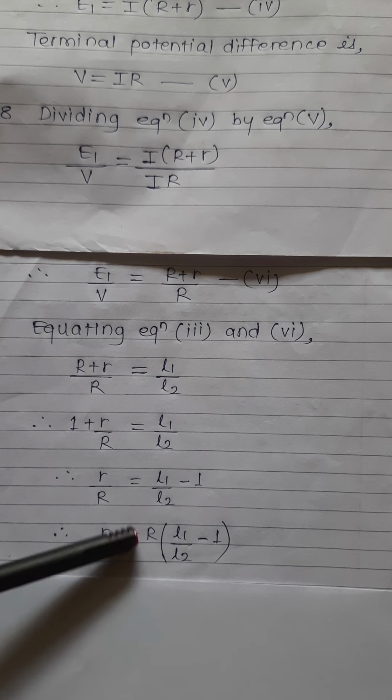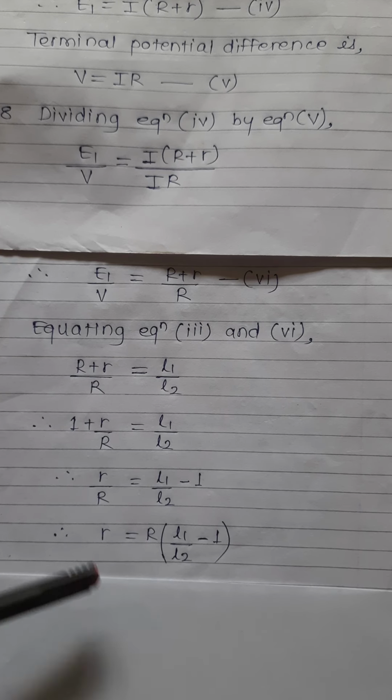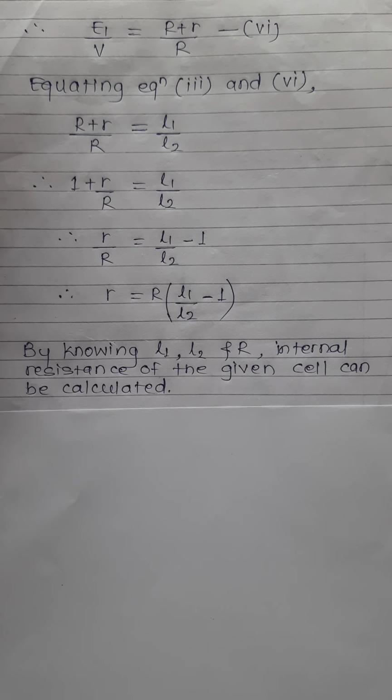By knowing value of resistance R, length L1 and L2, we can calculate internal resistance of the cell. These are precautions that must be taken while performing experiment with potentiometer. In previous lecture also we have seen.